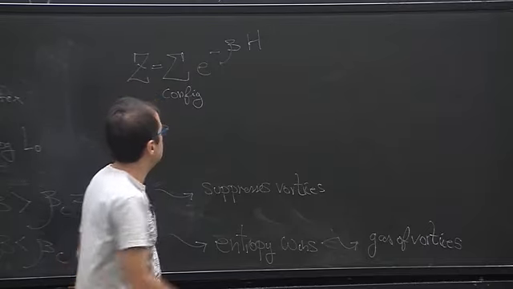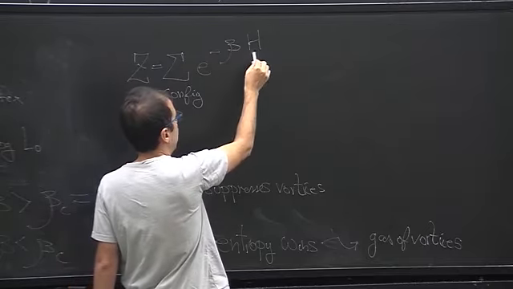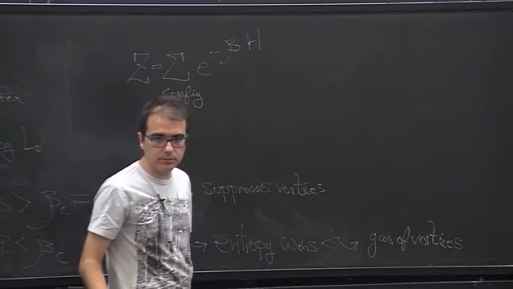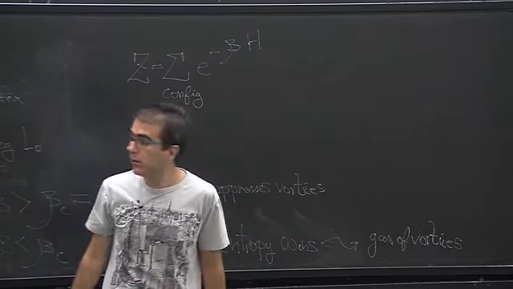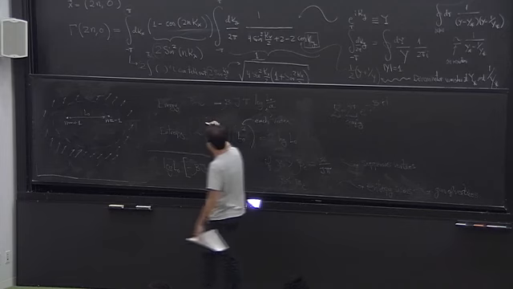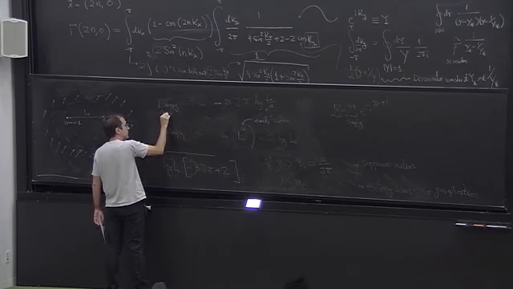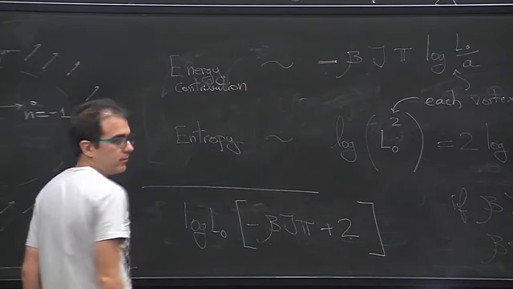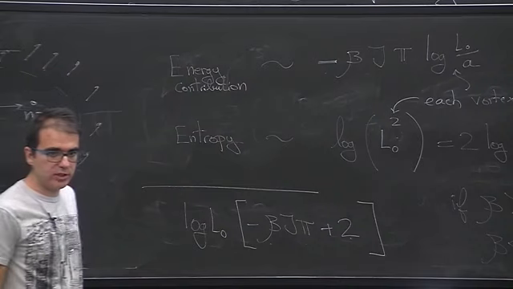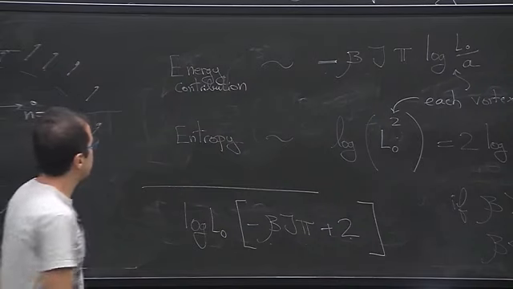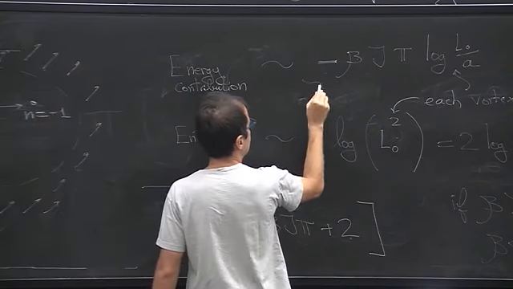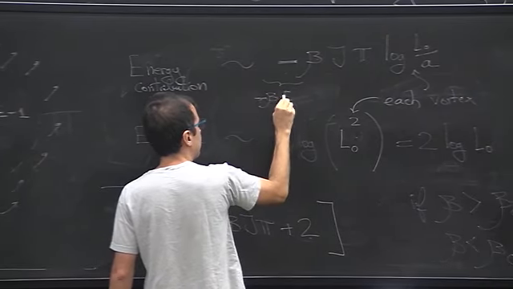So the convention is that what I call energy is without the beta. Beta is the inverse temperature. Yeah, so this was sloppy, sorry. The energy contribution to the free energy comes with beta times energy. It's minus beta times energy, right? So this is minus beta times energy.